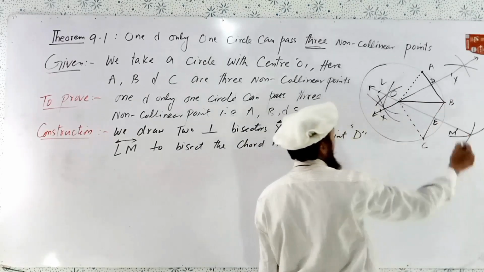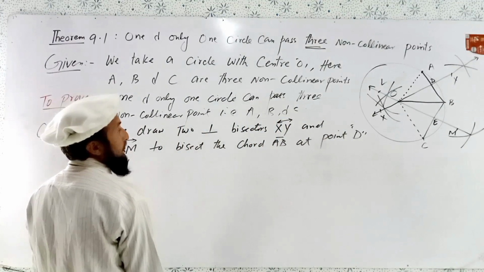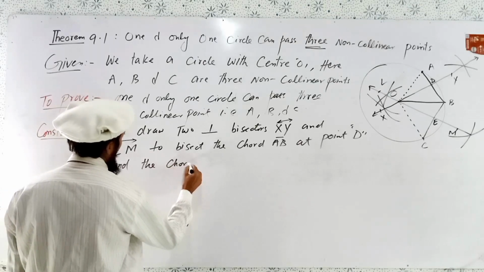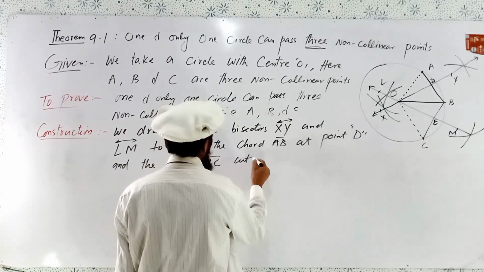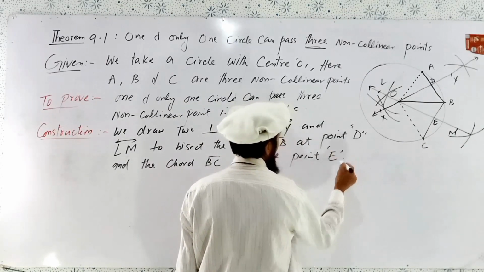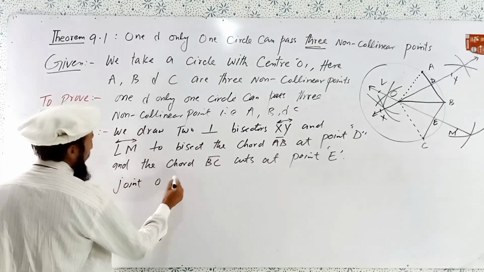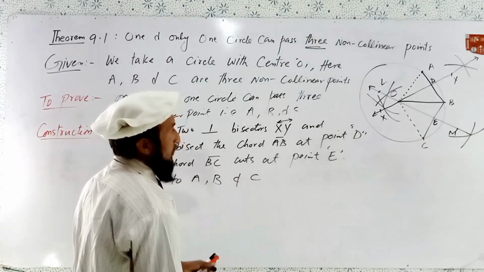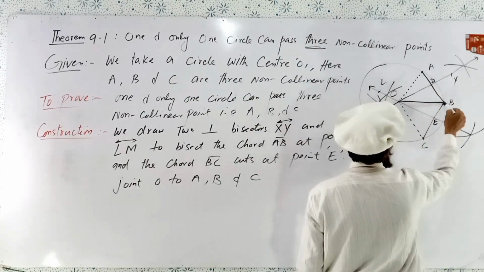Here AB is the chord of the circle, and similarly the chord BC is cut at point E. Join O to A, B and C. We get two triangles here, OAD and OBD.